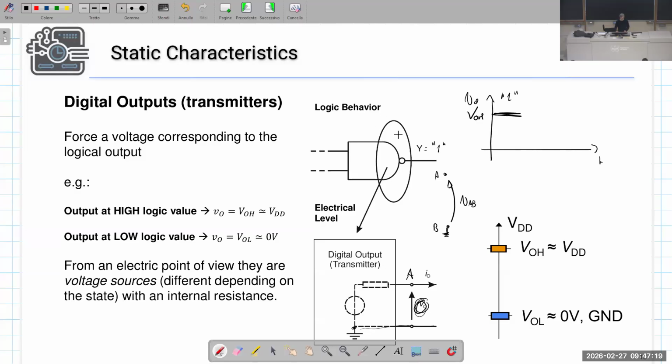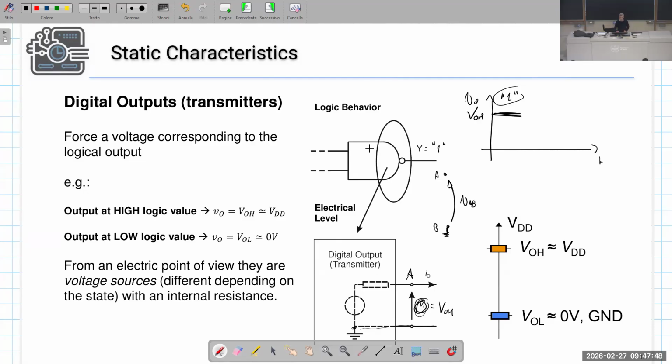So if we have a digital output and it is supposed to force its output at a high logic level, it means that inside this gate there should be a circuit that forces this voltage to a level which is called VOH. And typically this level corresponds to the supply voltage of the circuit.